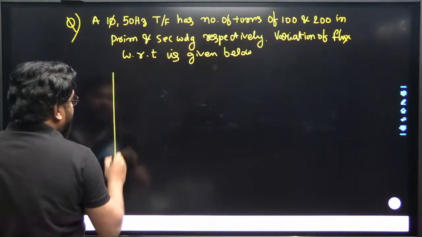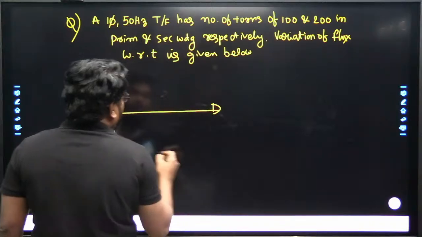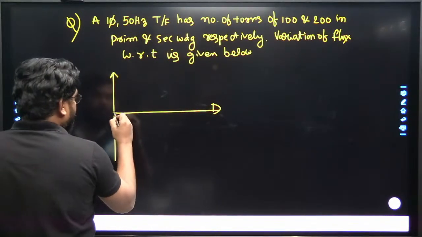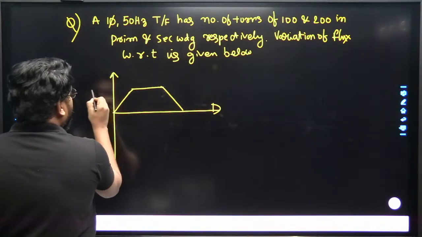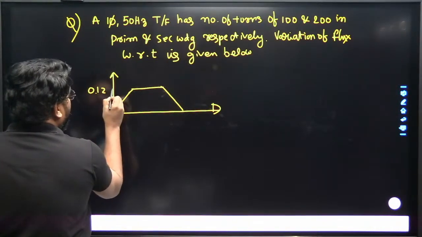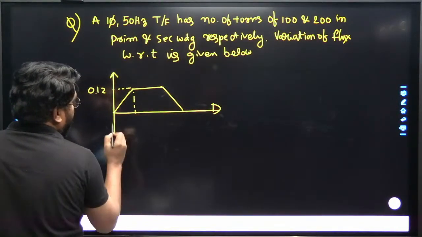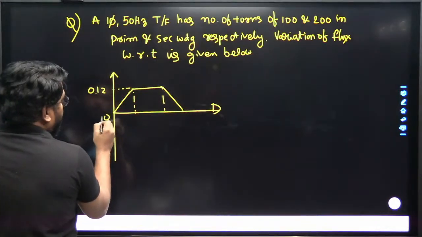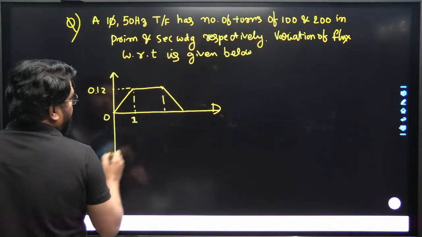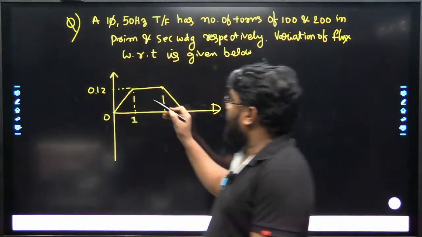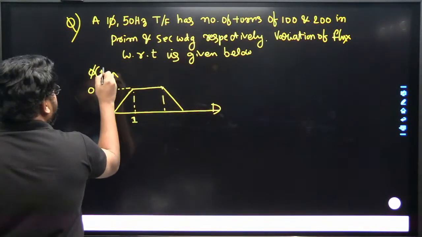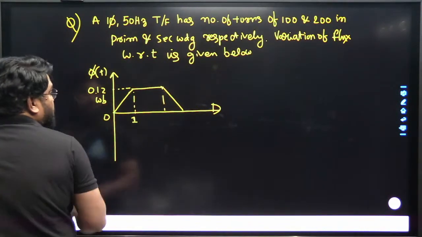Suppose the figure is given like this. As shown in the figure, the flux phi of t is equal to 0.2 amperes.